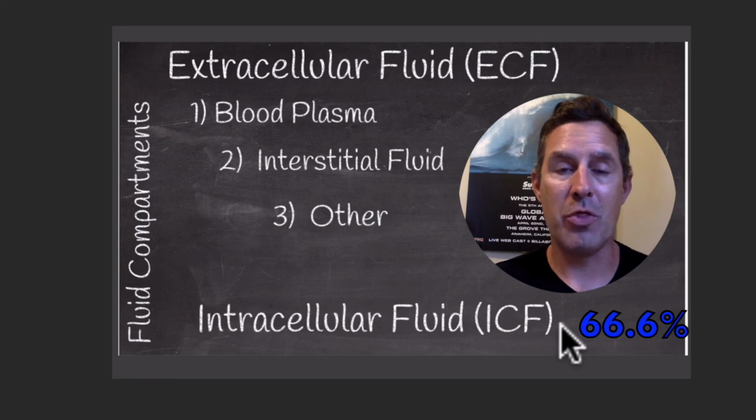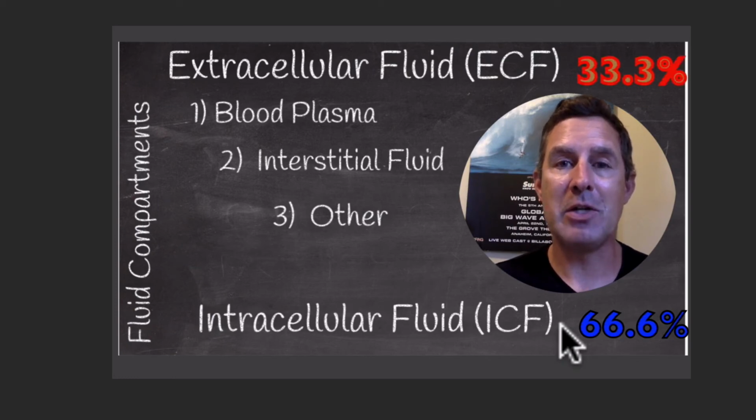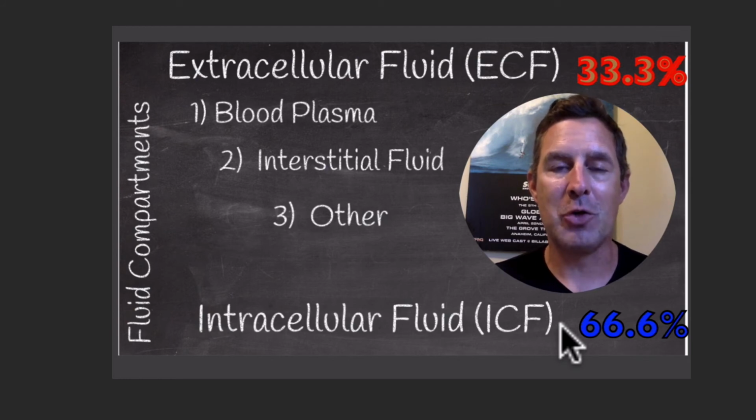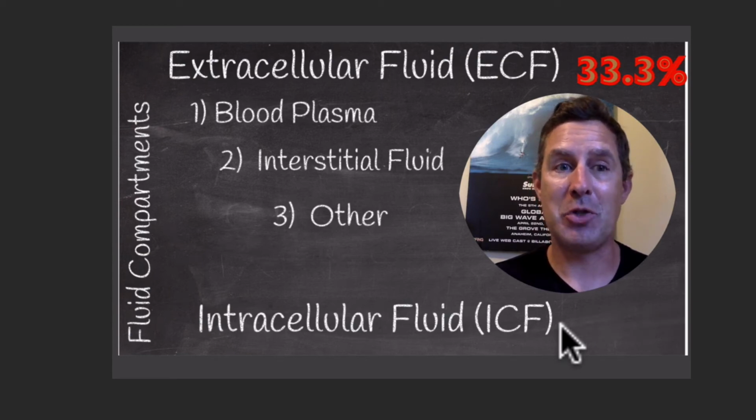If I'm talking about fluid and you're trying to figure out if it's extracellular fluid or intracellular fluid, and you have no idea, but you're certain it's not within cells, then you can be certain it's the extracellular fluid, otherwise known as the ECF. I will refer to extracellular fluid as ECF and intracellular fluid as ICF.